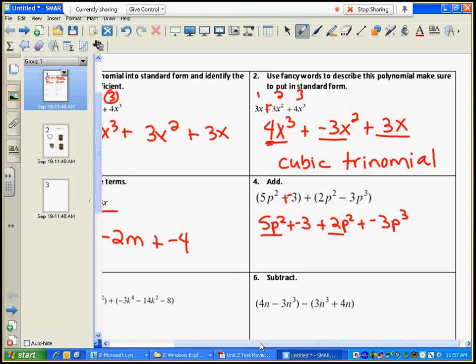When I add them, I end up with 7p squared plus a negative 3 here. I can't combine anything else. So negative 3 plus negative 3p cubed. Besides standard form, just write that: negative 3p cubed plus 7p squared plus negative 3.